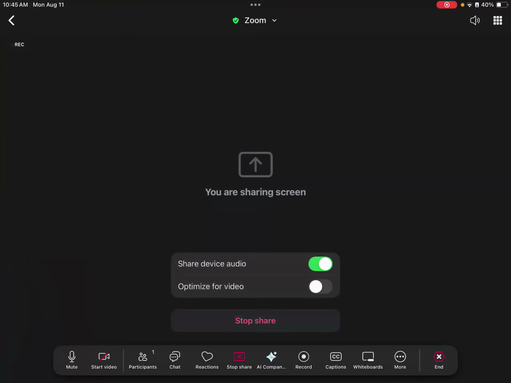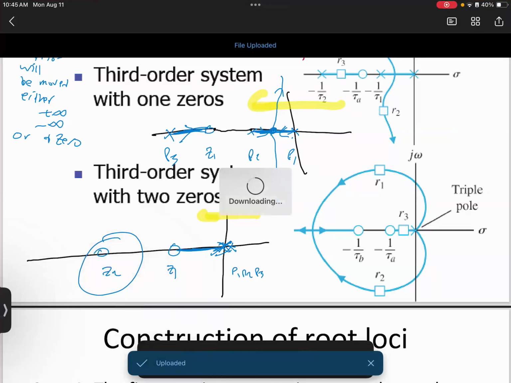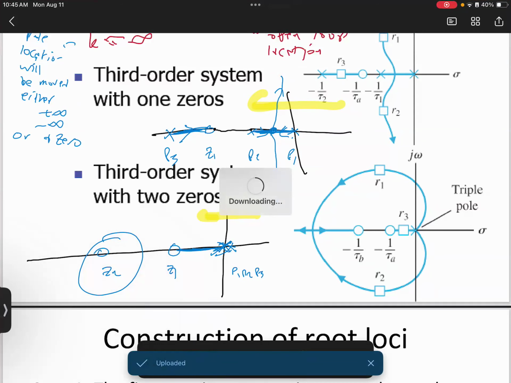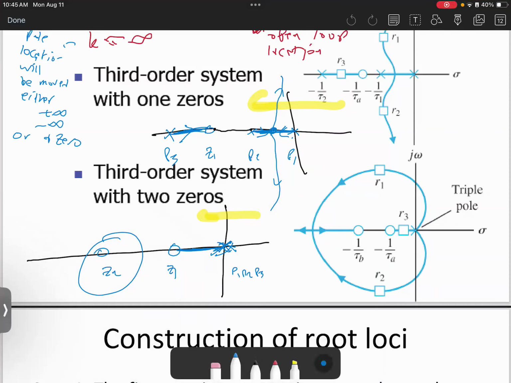I'm sorry, I have a technical issue, but then we have Z1, Z2, again P1, P2, P3, that's what we have here. Then after that, this is an odd number, therefore this region is counted. Then when we reach Z1, the total number now is 4.